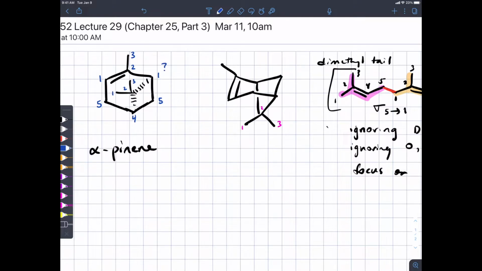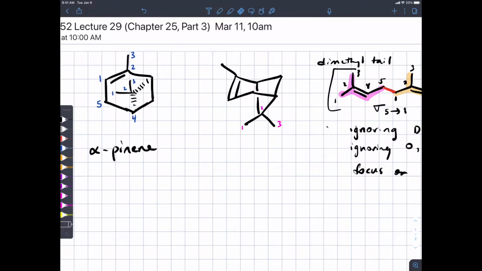You're going to get into situations, and your text will show you this actually in a sample problem, that there are sometimes more than one way to assign isoprene units, and that's totally fine. What that means is there's more than one way to draw the mechanism that accounts for the formation of that molecule. And that's okay. As long as your answer makes sense, it is correct.